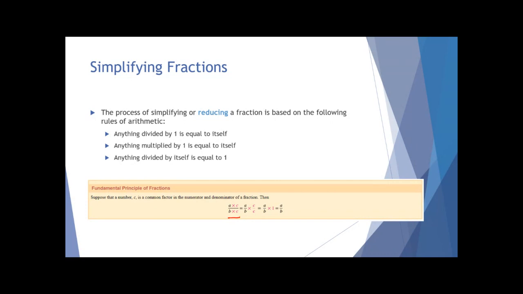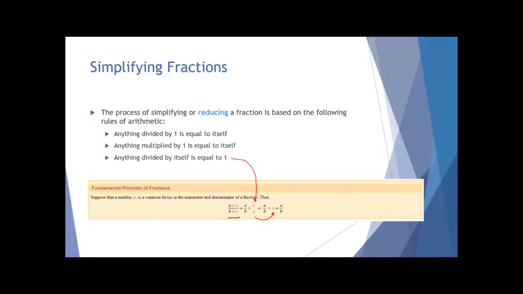What we're doing here is if the same thing is multiplied on the top and the bottom, we can split this up into 2 fractions. So you would have your things that are not the same times the things that are the same. And so C over C, that's division. Anything divided by itself is 1. That's that last thing right there. So that allows us to replace that with 1.